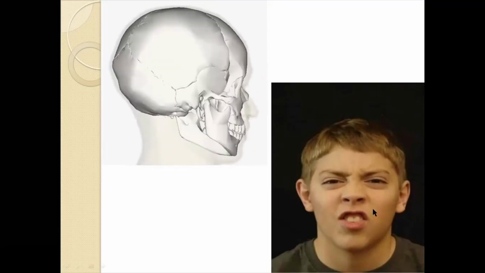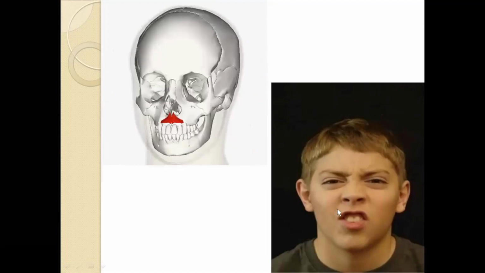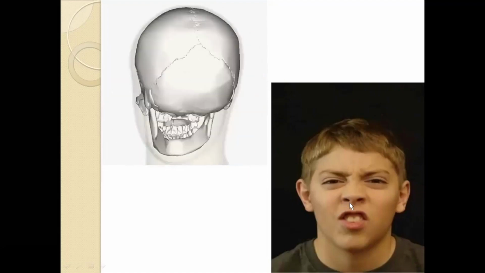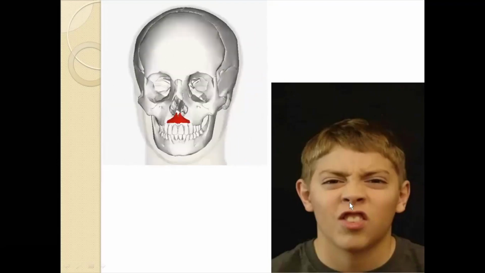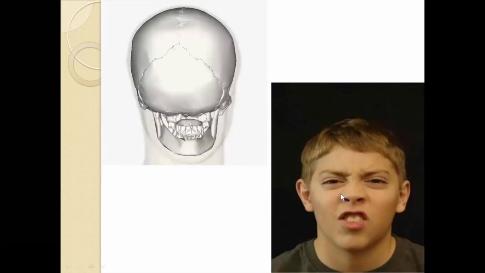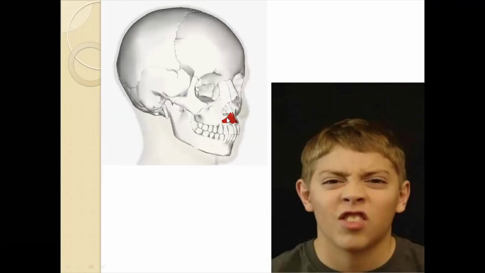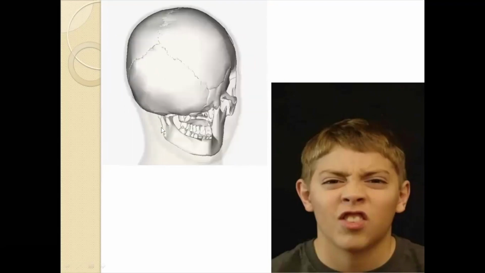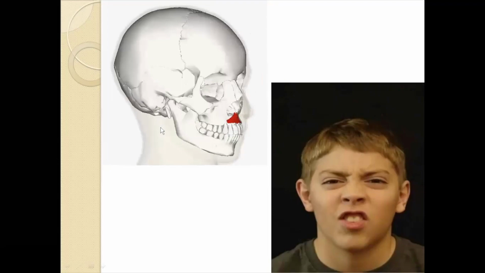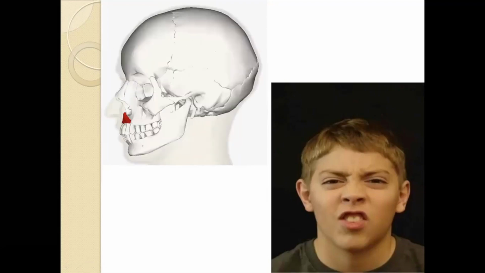Whenever you make such sort of faces or you yawn, mainly these muscles come into action. There's depression of the nasal septum as well as widening of the nasal aperture. So the muscles around the nose are responsible for it. See, you can appreciate it from the diagram. It originates from the incisive fossa of the maxilla and it inserts into the lower part of the nasal septum.